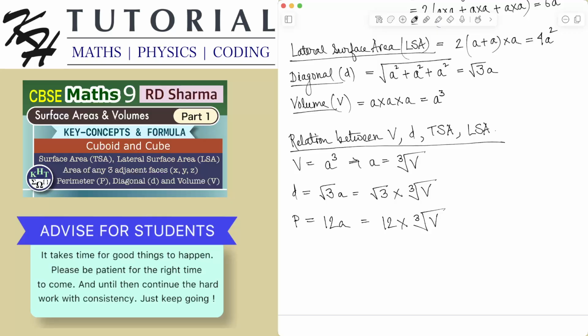Now we got D is equal to square root of 3 multiplied by cube root of V. So how can I express V in terms of D?